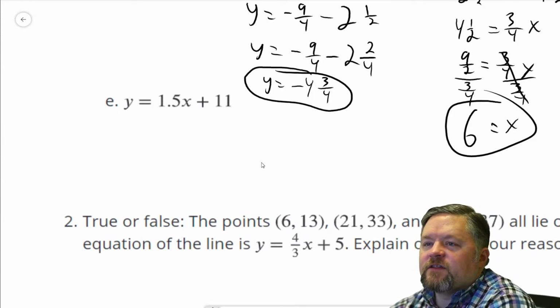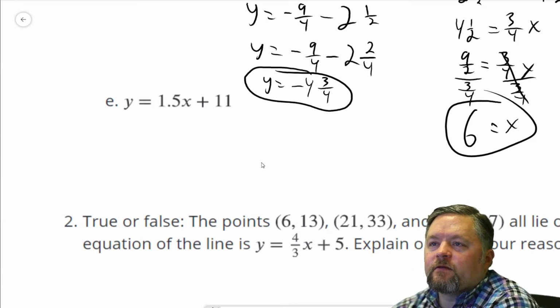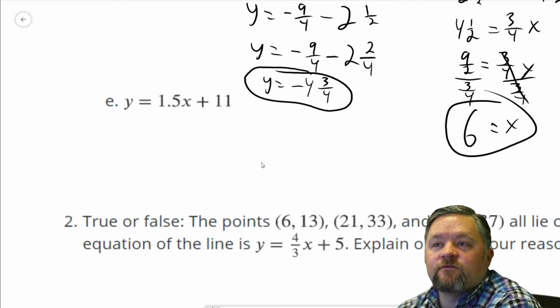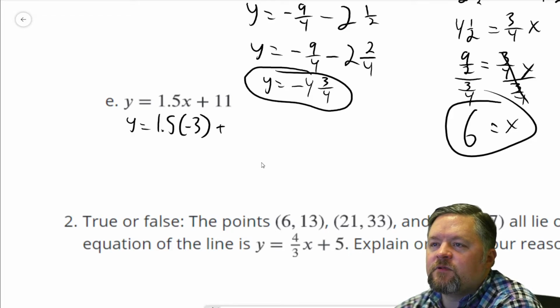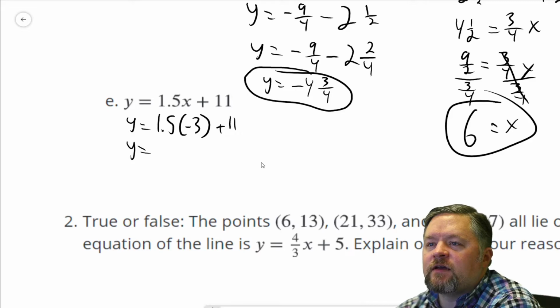Okay, now we've got the last one. Plugging in an x value of negative 3. y equals 1.5 times negative 3 plus 11. 1.5 times 3. Well, half of 3 is 1.5.